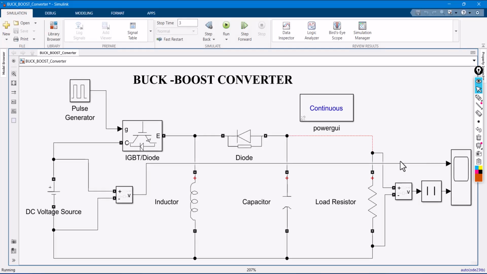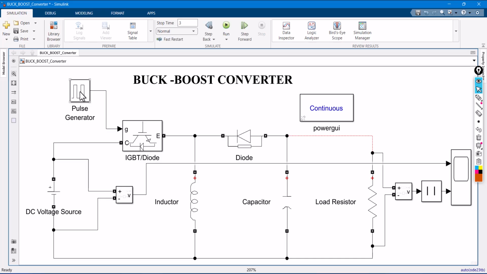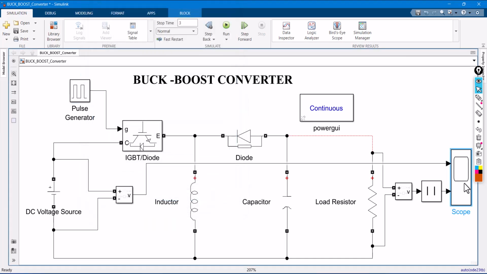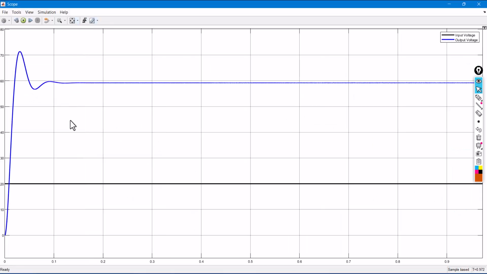Whatever duty cycle I'm using, it's only more than 50% as of now. Okay, let me stop it here. My pulse width is 75%, and the output is coming around 59 volts in a non-inverting mode. So it is working in boost mode.